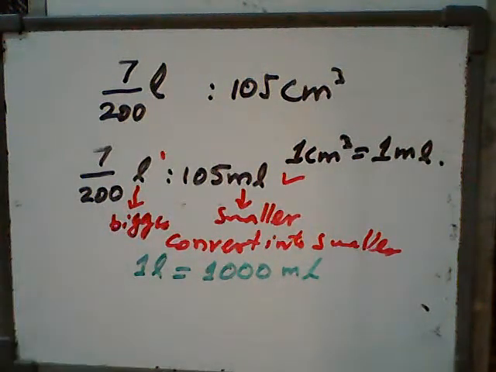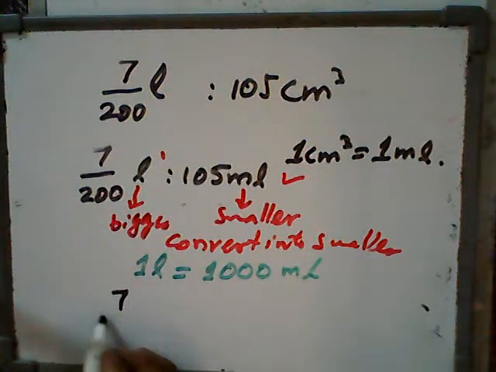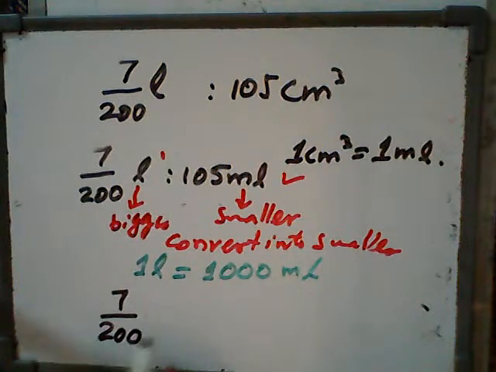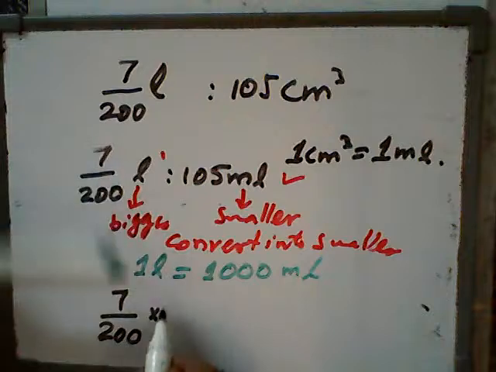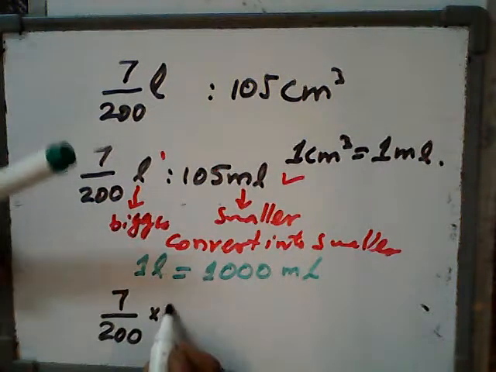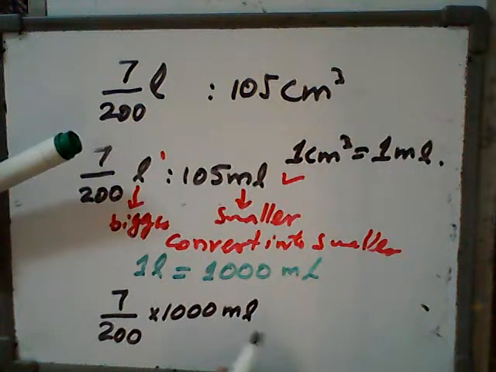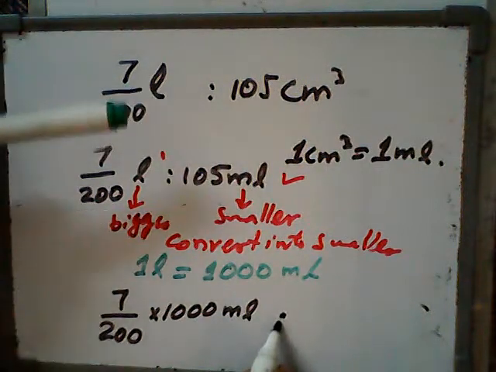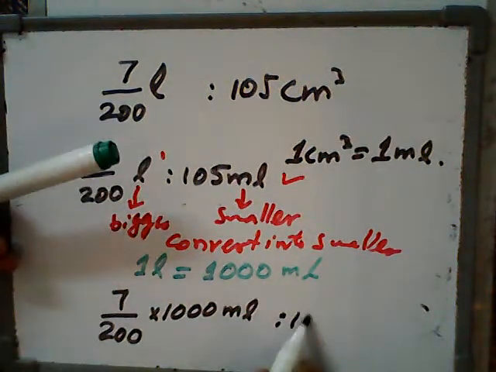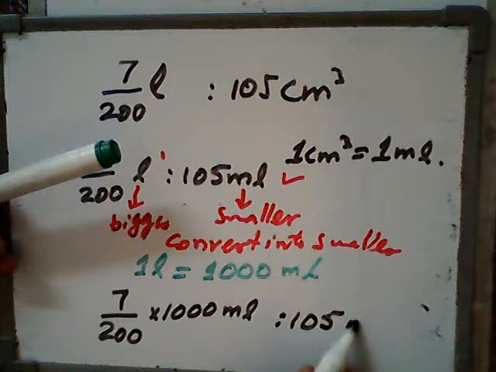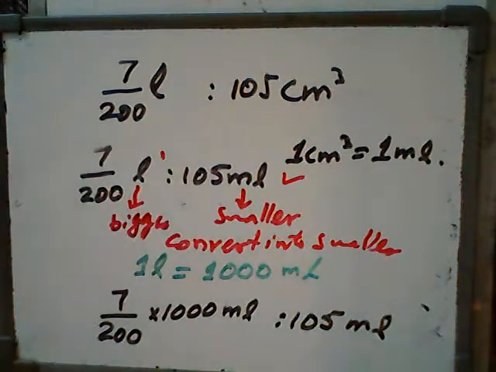So what we do is 7 by 200 into 1000, because liter is converted into 1000, so now it becomes milliliter. And on the other side it was 105, it's already in milliliter, so there is no need to change.